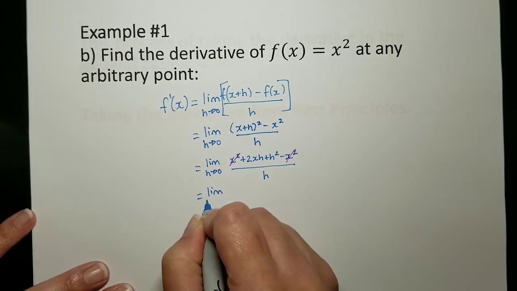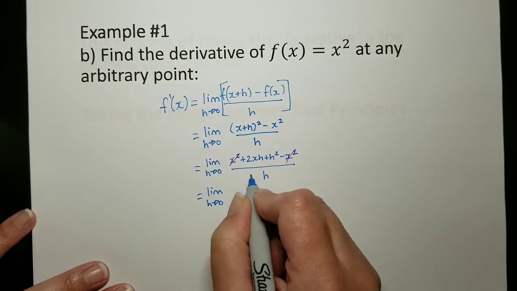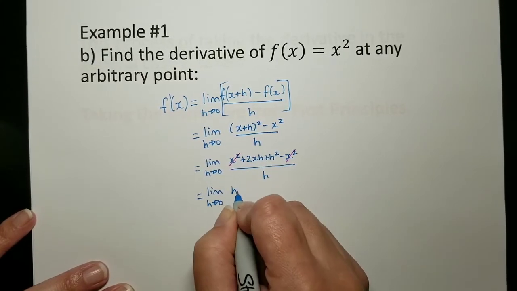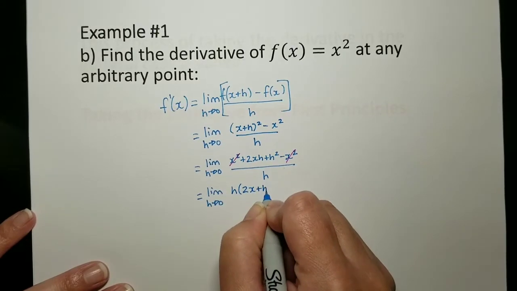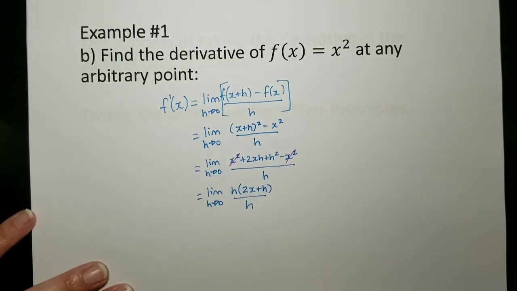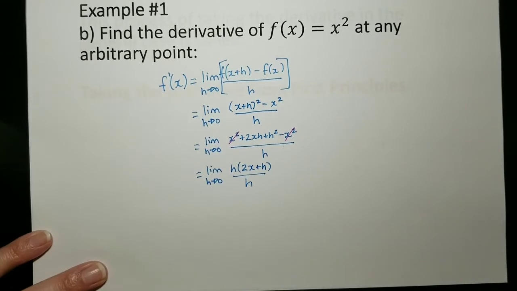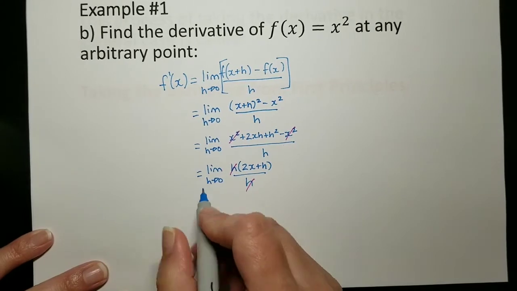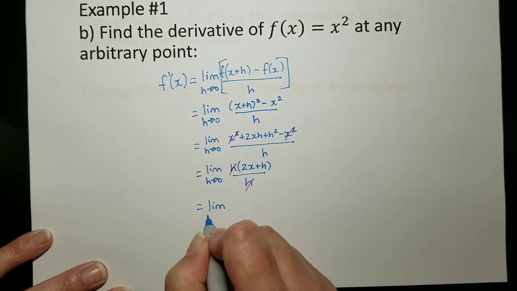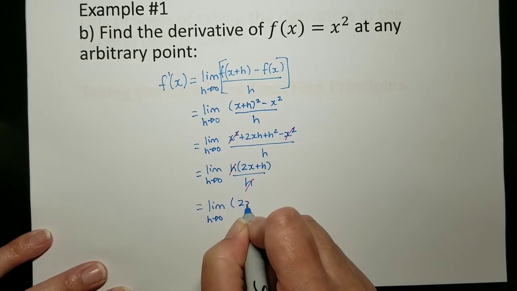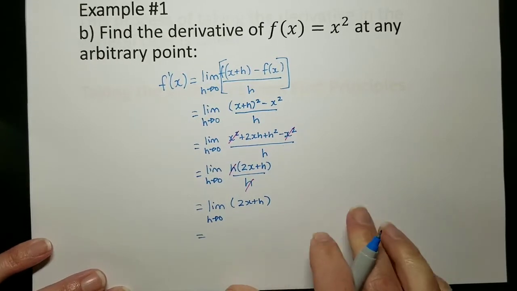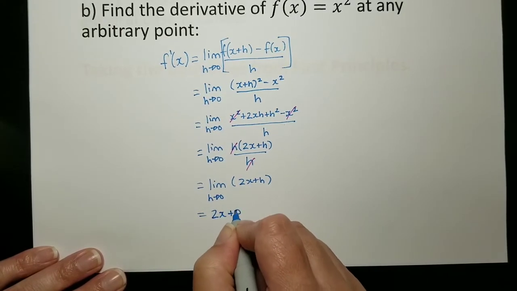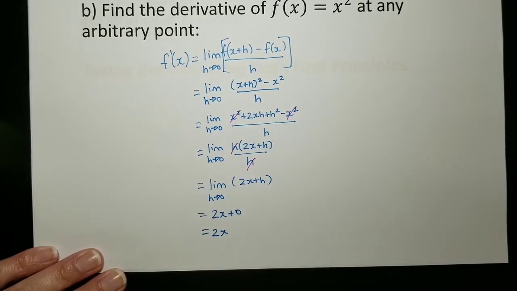So we still have the limit as h approaches 0. Now we have 2xh plus h squared. I'm going to common factor out an h, and I get 2x plus h over h. And of course now we can reduce the h's, which gets rid of my indeterminate form if I had subbed in. So I have the limit as h approaches 0 of 2x plus h.